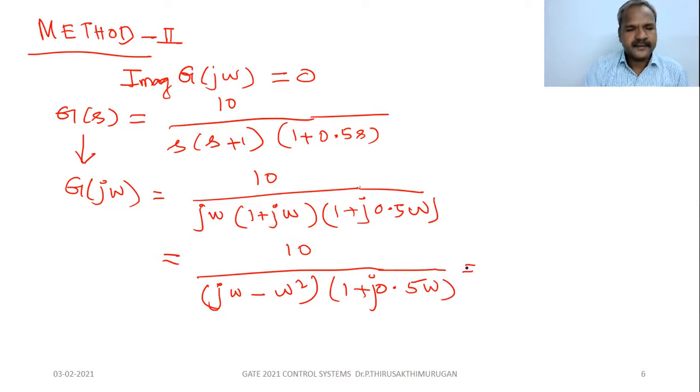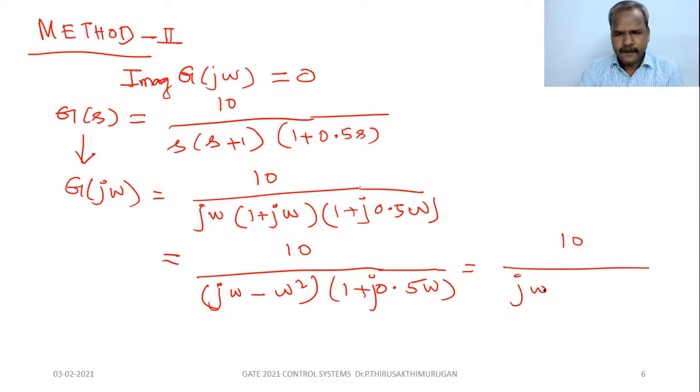What do we get? 10 divided by j omega minus 0.5 omega square, minus omega square, minus j 0.5 omega cube.